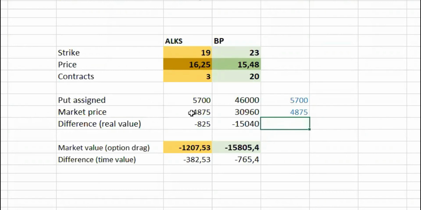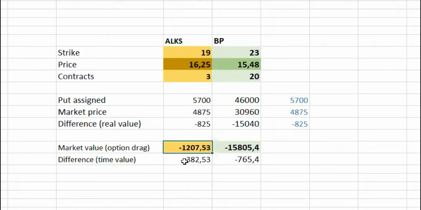If we were to sell the shares at the price that they are trading at today, which is 4,875, and we subtract that from what we would have paid for them if they were assigned to us, the difference, this 825, is the real value. The market value of this position is minus 1,207.